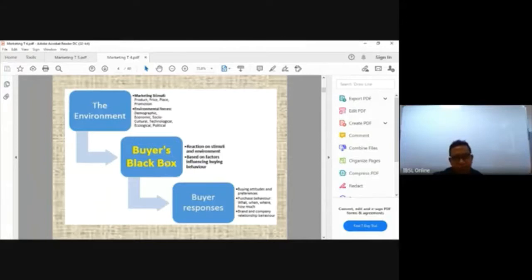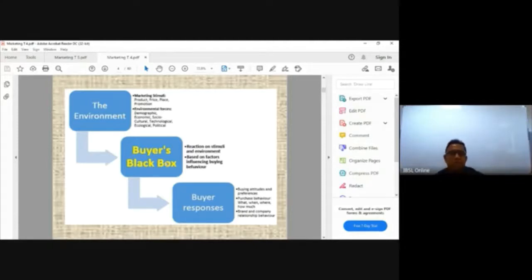So even if you try to market, a lot of customers will not buy it. Why? Because they also have their own behavior, the differences in their behavior. We cannot have the same approach to all the customers.